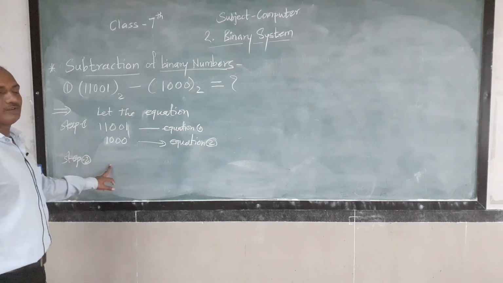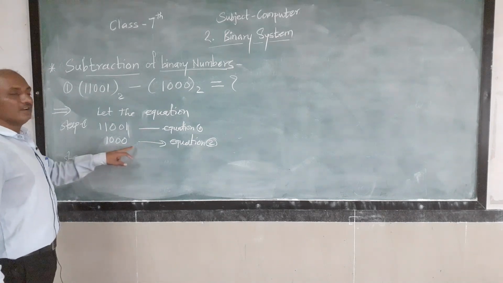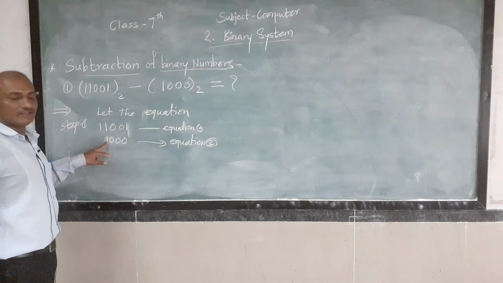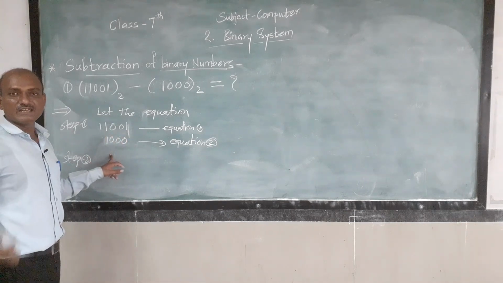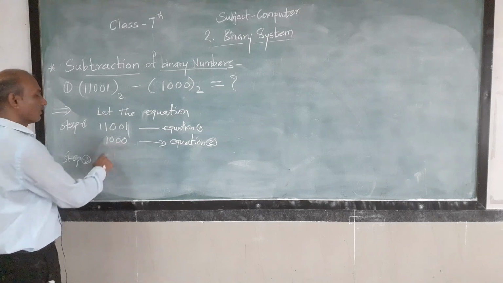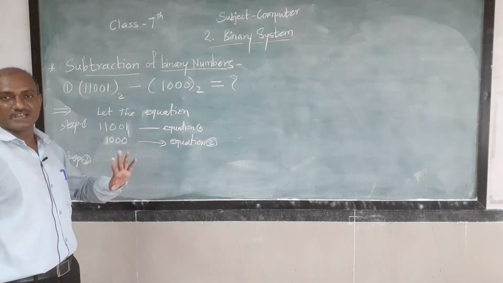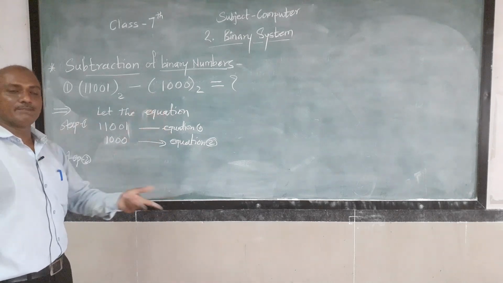Step second is that we have to equalize the bits of both binary numbers. Here, 5 bits are present in equation 1, and only 4 bits are present in equation 2. First we have to equalize the bits.